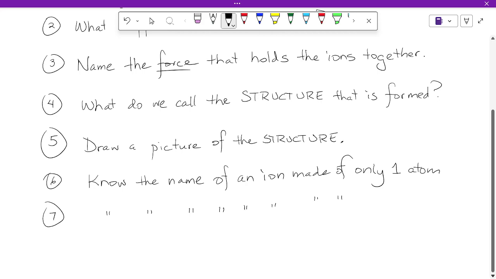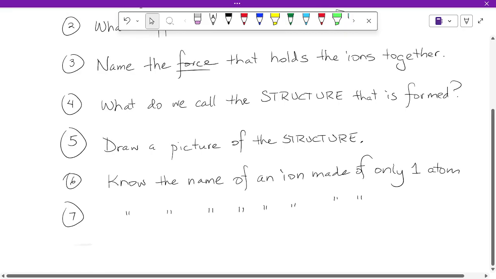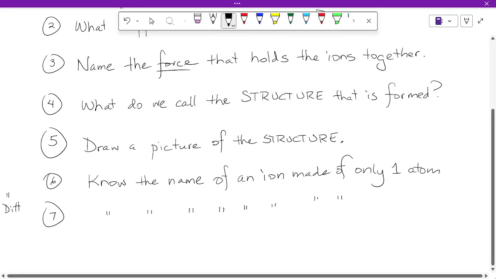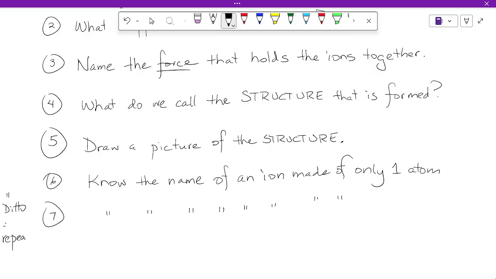Ditto means repeat. It saves you having to write, know the name of an ion made of, two or more atoms stuck together.